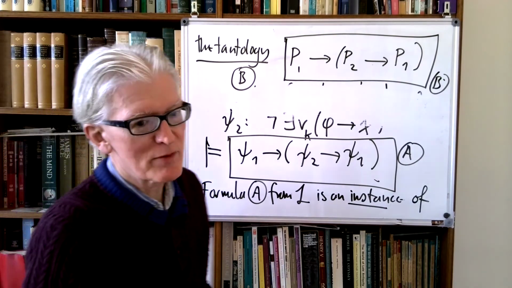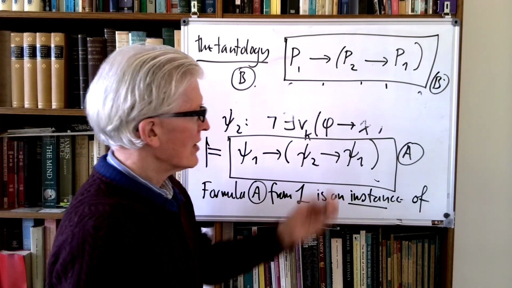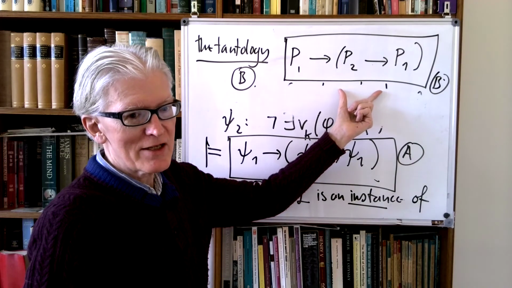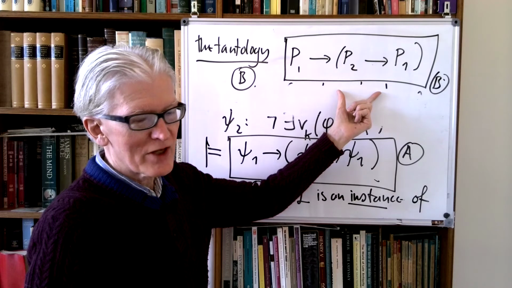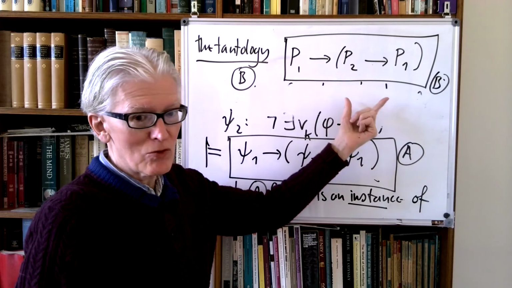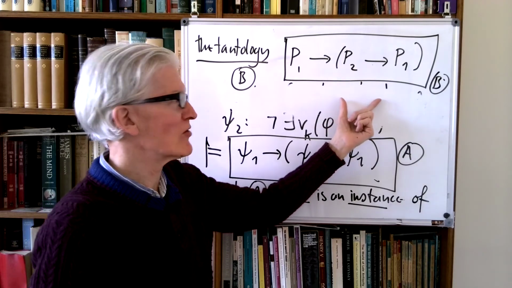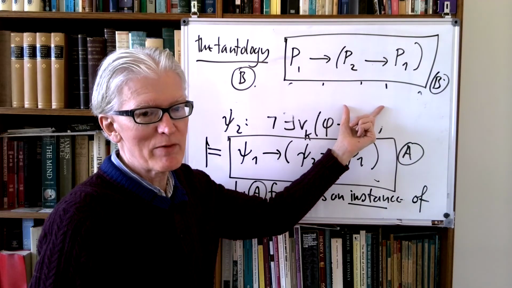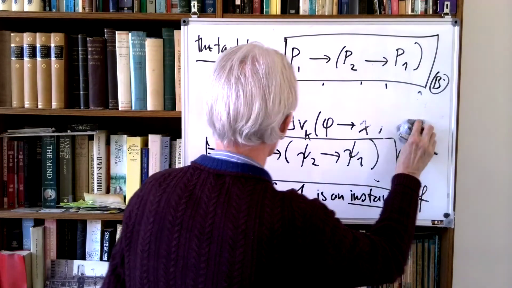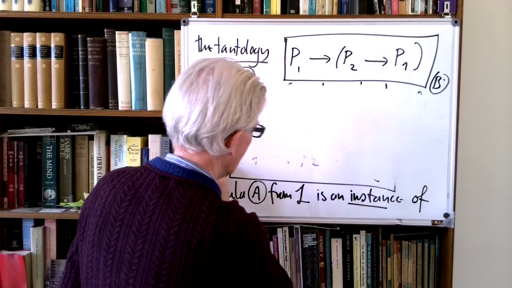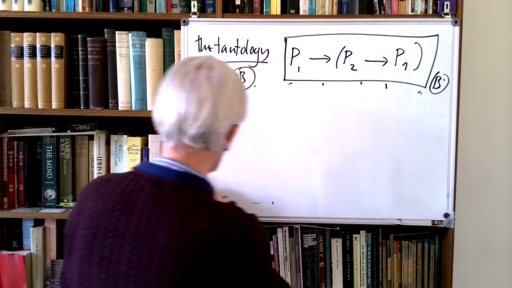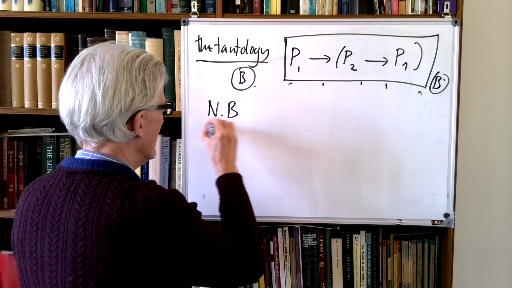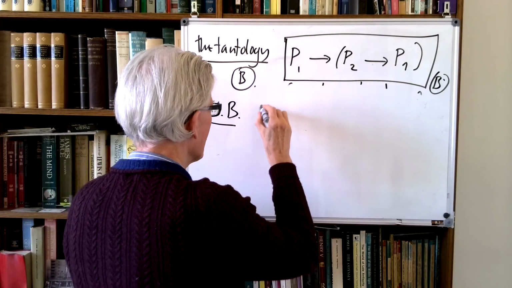And there's one point to make, that checking whether something like this is a tautology or not is a computable procedure. It's quite effective. After all, we have to do is just write down a truth table with 4 lines in it. So we can program a machine to do this. So, important point.